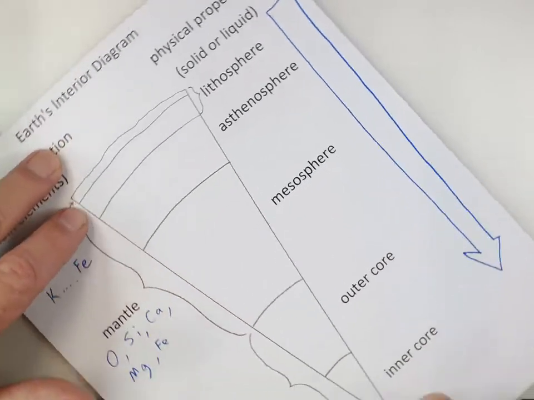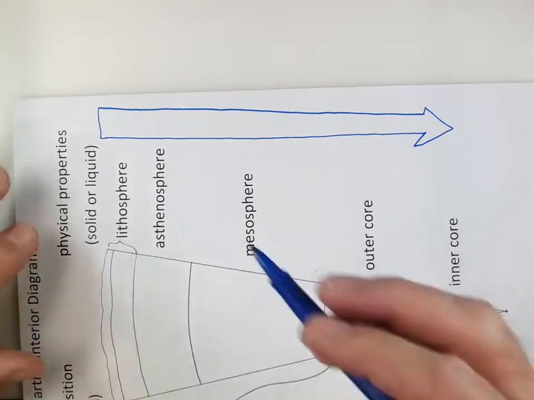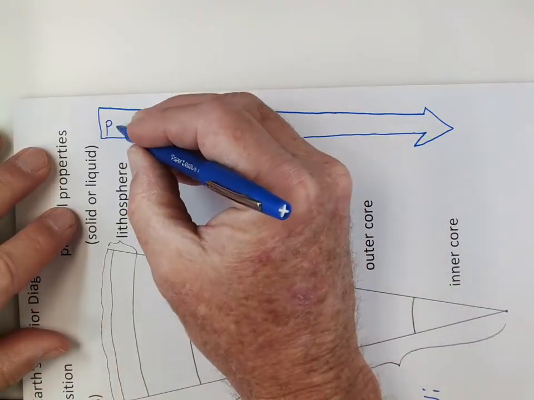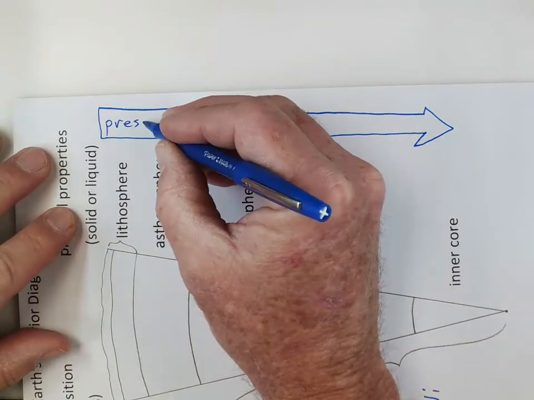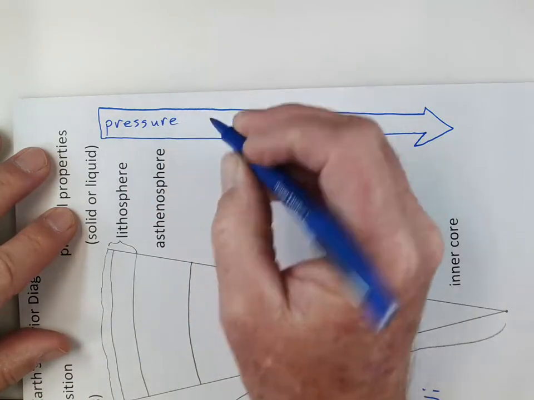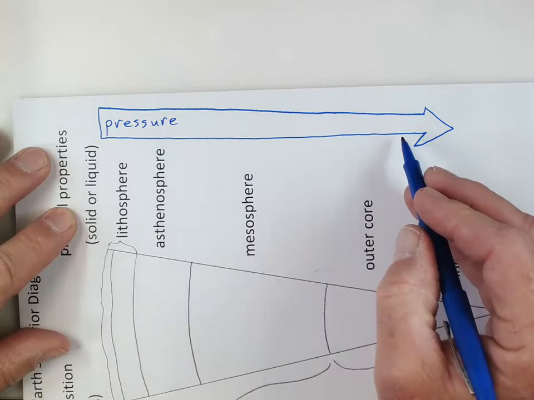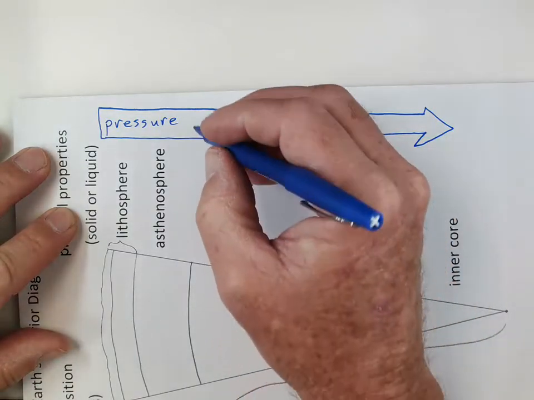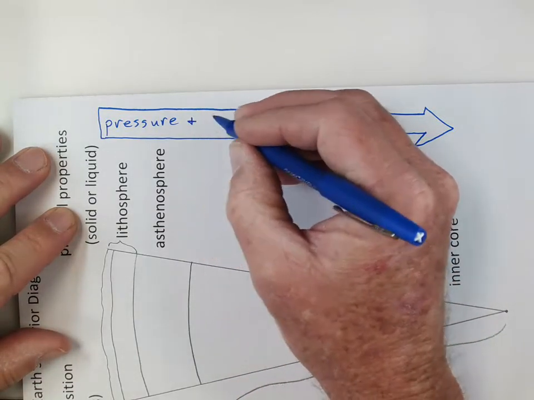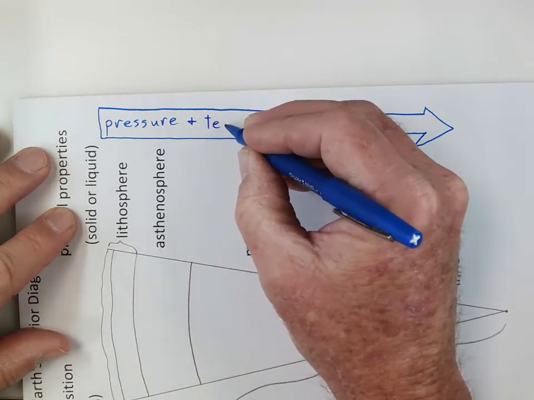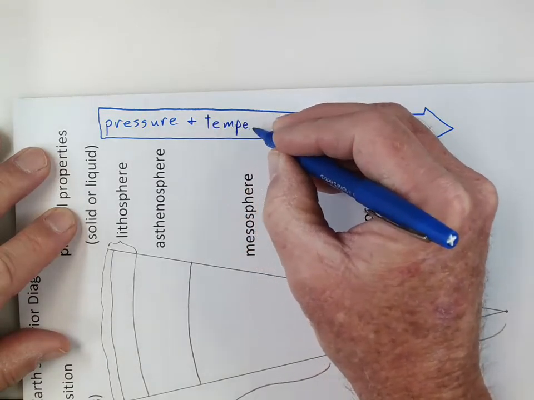So I'm going to turn this to the right, just like this. I'm going to put over here that pressure increases with increasing depth, and at the same time as we go deeper underground, temperature also increases. And this is a little more complex.